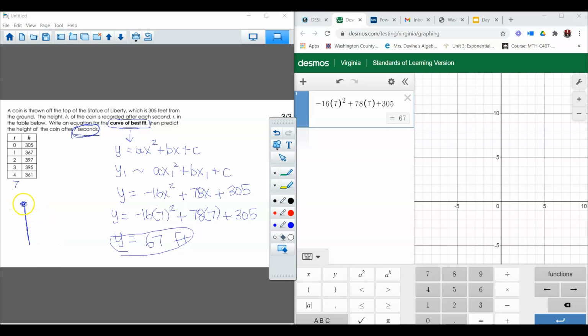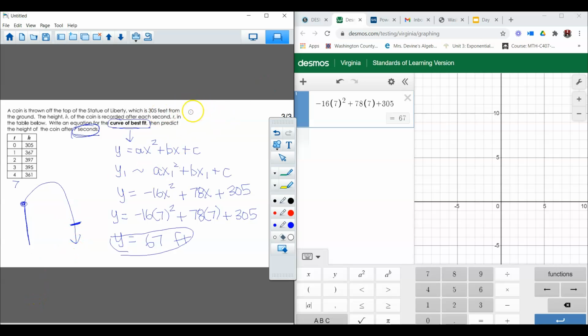What's going to happen is when you throw it, it's going to go up at first and then start to fall towards the ground. So that's why 305 is your first height, and then it goes up and then starts to come back down. So after 7 seconds, your coin is going to be along in here, 67 feet away from the ground.